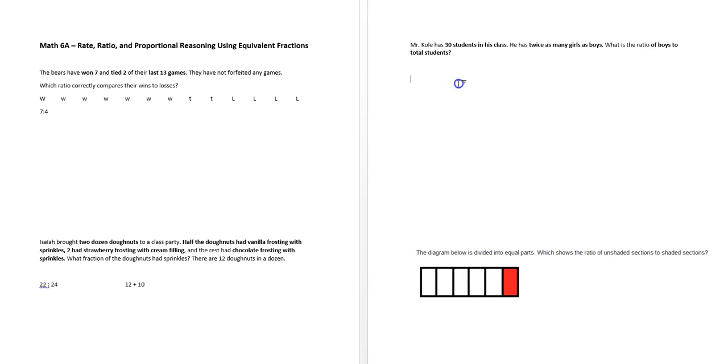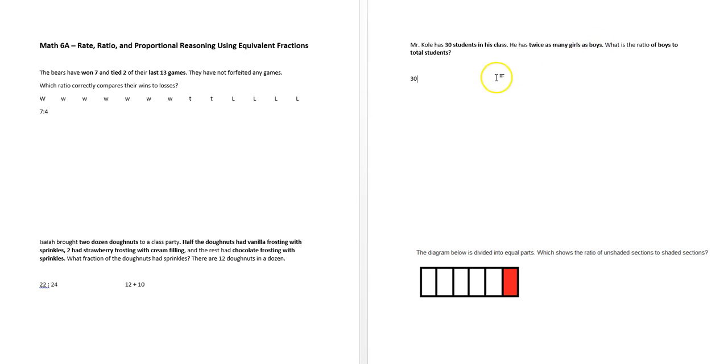So we know that the total students is 30. We know that from this part of the question right here. He has twice as many girls as boys. We actually have some numbers that are pretty easy to work with here. If there are twice as many girls as boys, that means there are 3 equal amounts of students. 2 of those amounts would be girls and 1 boys.